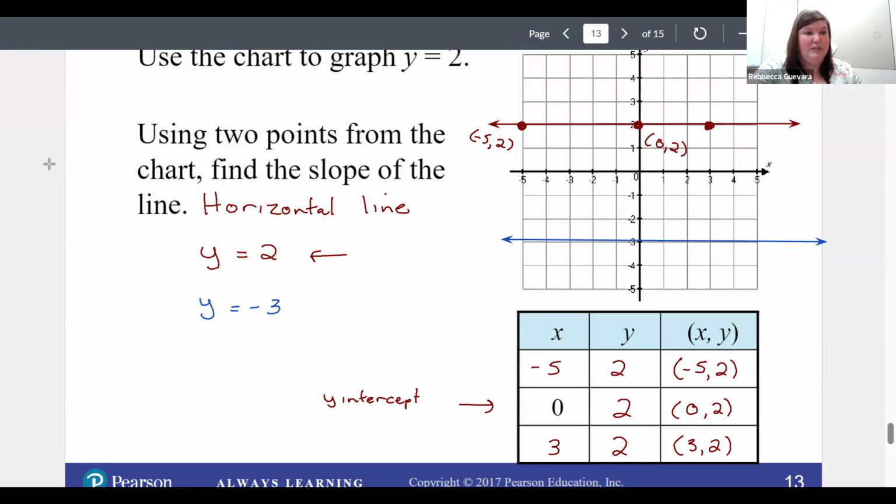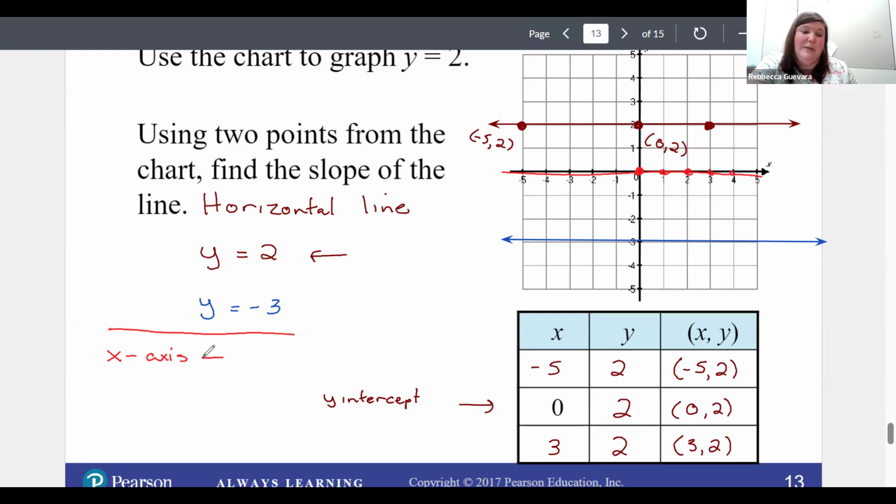We also mentioned earlier, when we talked about your x-axis, which is this line, all along this, we see that y stays 0.